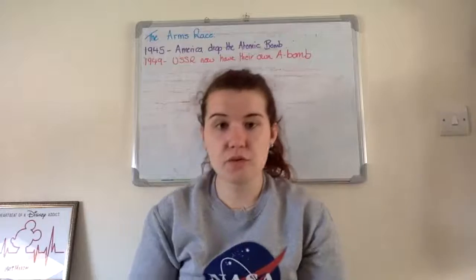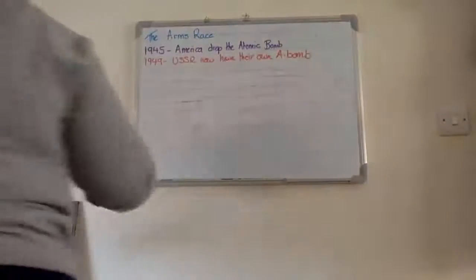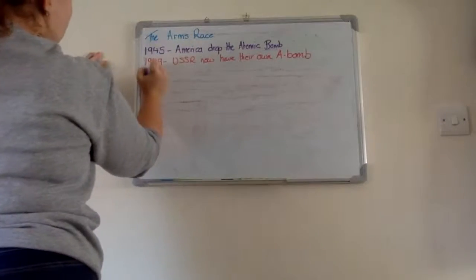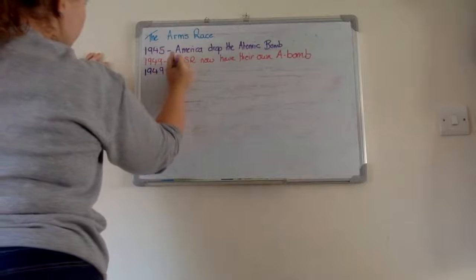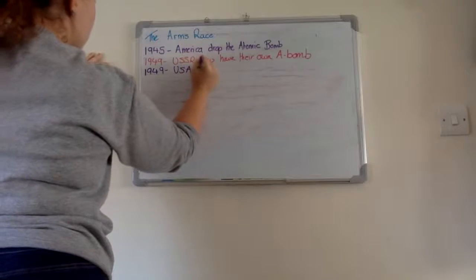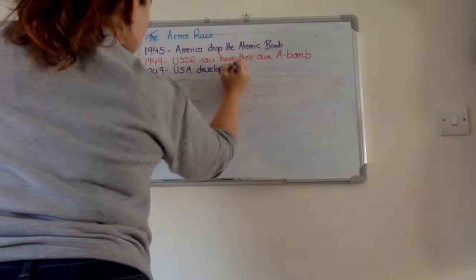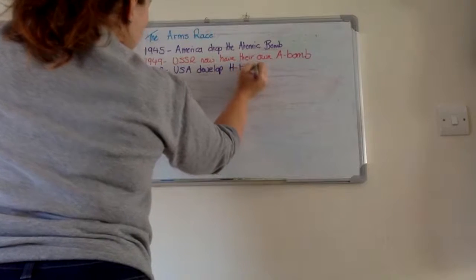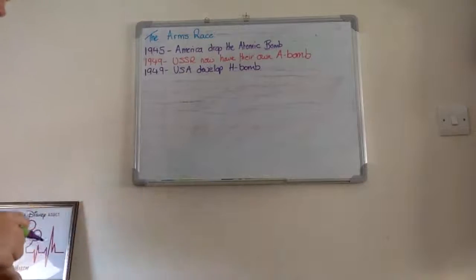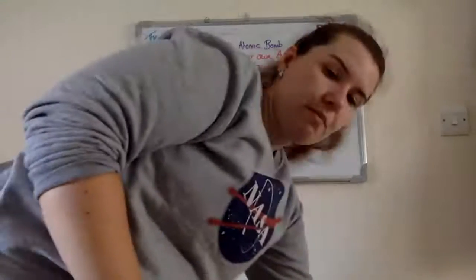So in 1949, Truman orders a brand new weapon to be developed, and they get something called the H-bomb. Now, why is it called the H-bomb? Because it's the hydrogen bomb, all right?